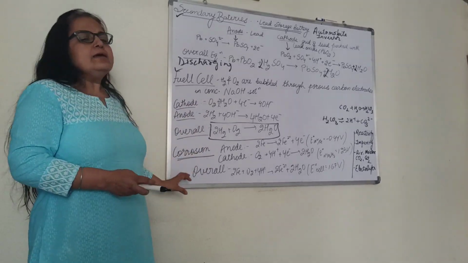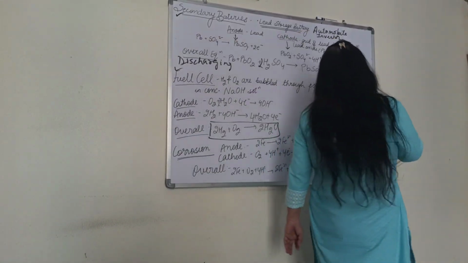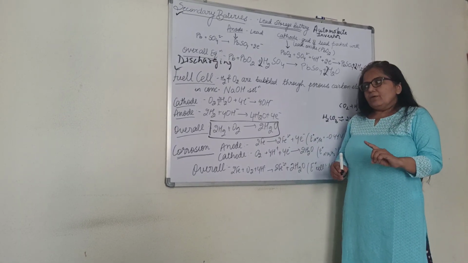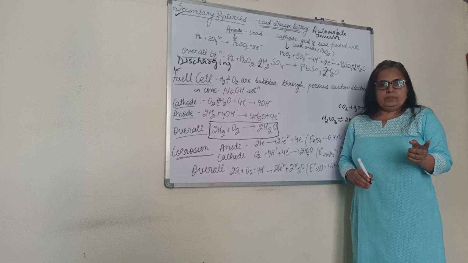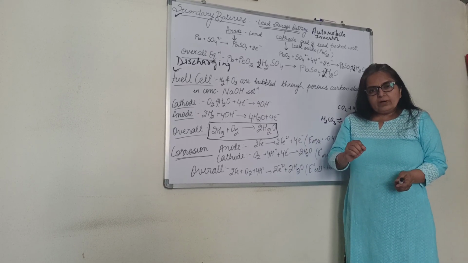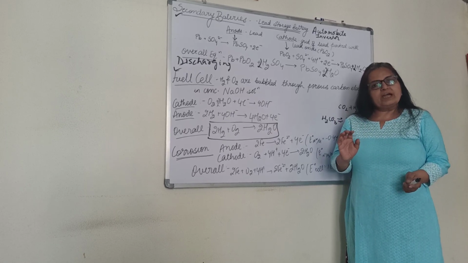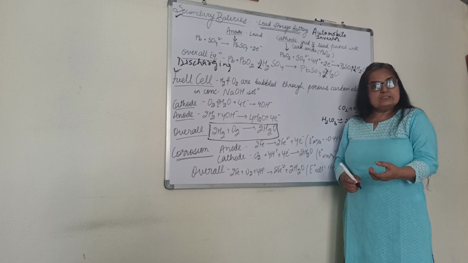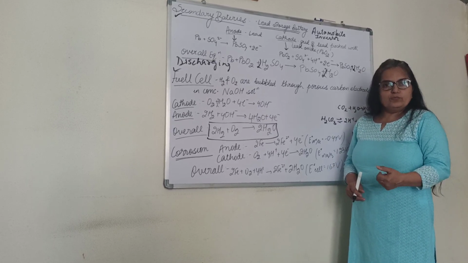What exactly happens in corrosion is that the metal undergoing corrosion always acts as the anode. Like rusting of iron, or copper which over a period of time turns greenish in color, or silver turning black. That is an example of corrosion.